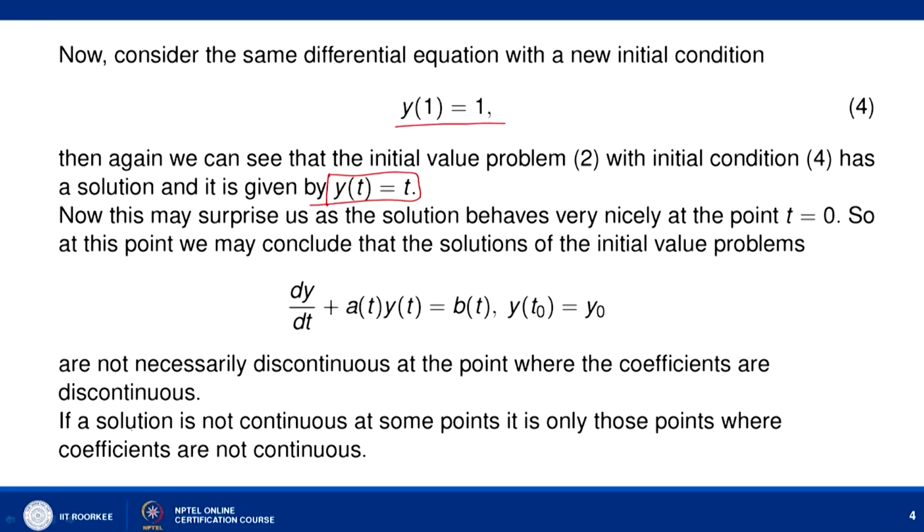But if a solution is not continuous at some point, it can only be at those points where the coefficients are not continuous. So it is not necessary that the solution has a discontinuity where a(t) is discontinuous, but if the solution does have a discontinuity, it has to be at a point where a(t) is discontinuous. That is the observation from this current example.